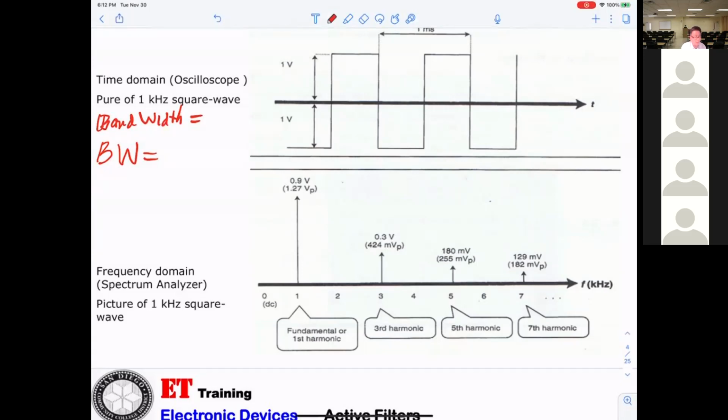How come I still memorize it and you guys do not? I believe I already covered it, not in this semester, but in a different semester. And when I try asking you, you still don't tell me exactly what we wanted. What is the bandwidth by definition? Is it bandwidth equals FH minus FL? FH minus FL.